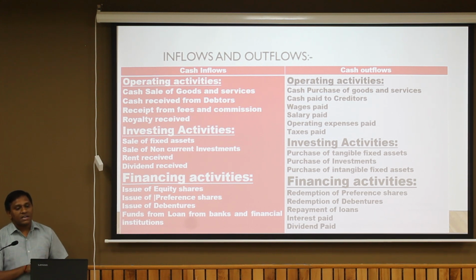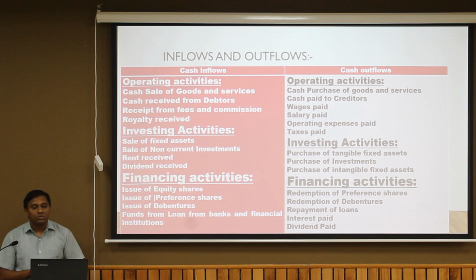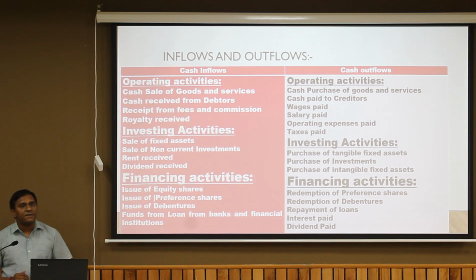Inflows indicate cash sale of goods and services. Then again cash received from debtors. And my dear students, when the fee is received or commission is received, that is due to the trade, goods and services sold or purchased. And when you are dealing in goods and services, you may either receive commission or pay commission. When you are receiving commission, it will be inflow. When you are paying commission, it will be outflow.